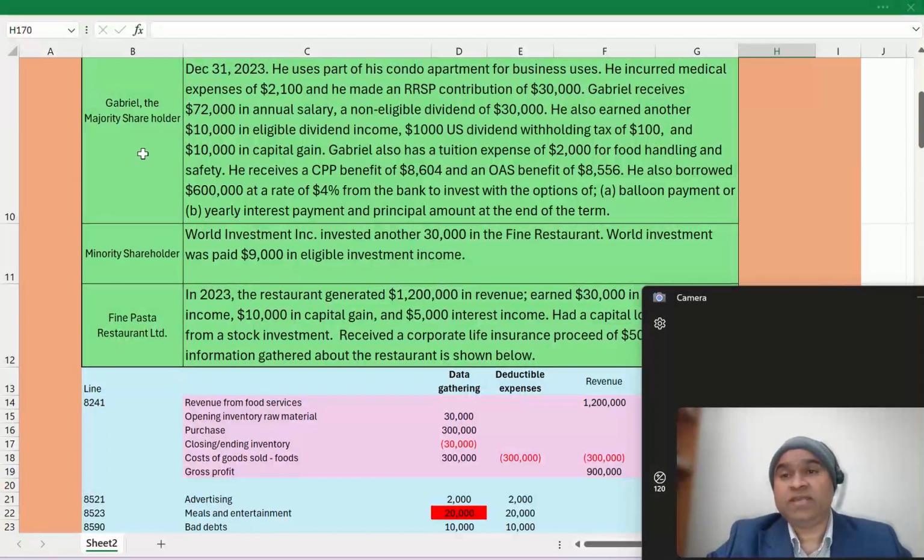So Mr. Gabriel is the shareholder in this corporation. He's the majority shareholder, Mr. Gabriel Angel, and the minority shareholder is World Investment Inc. It's just the corporation name.